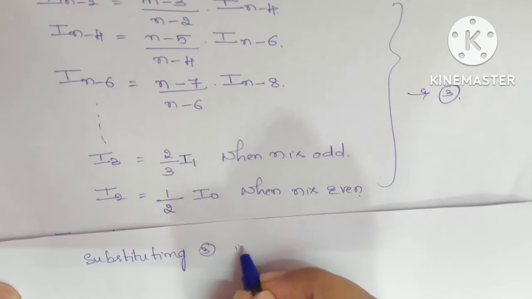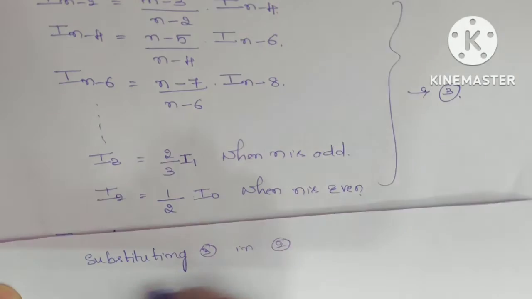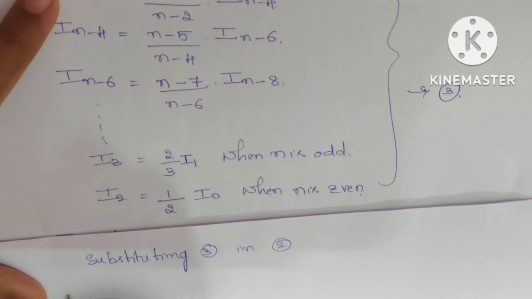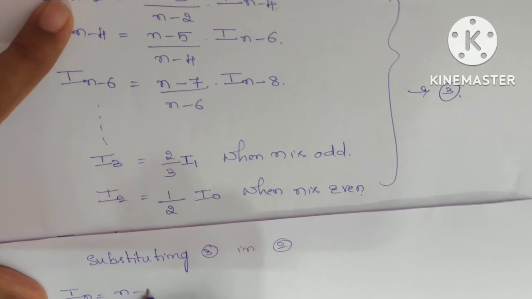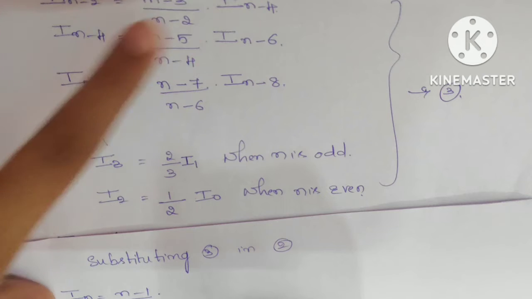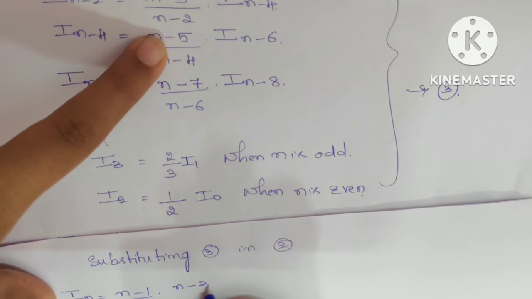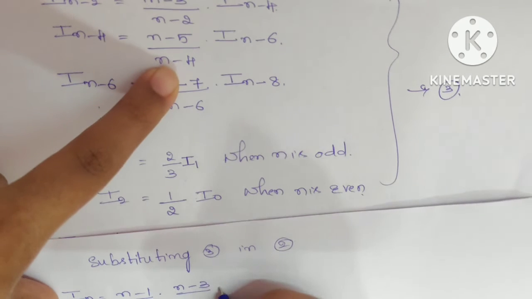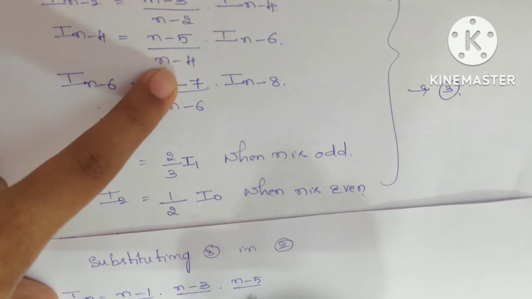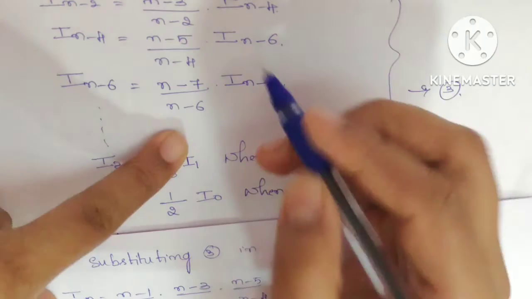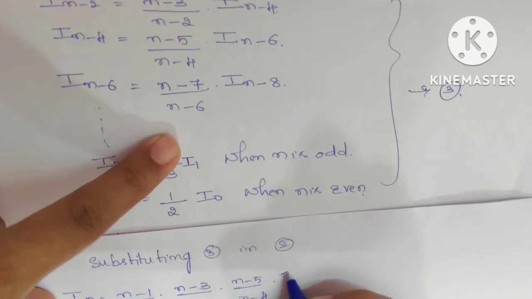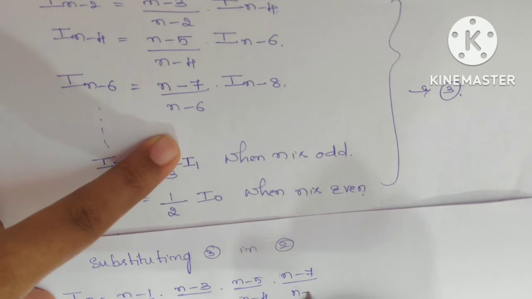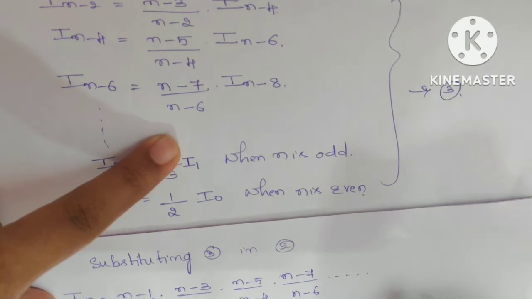Substituting 3 in 2, we get I_n equals (n-1)/n into I_(n-2) is (n-3)/(n-2). I_(n-4) is (n-5)/(n-4). And I_(n-6) is (n-7)/(n-6), and so on.